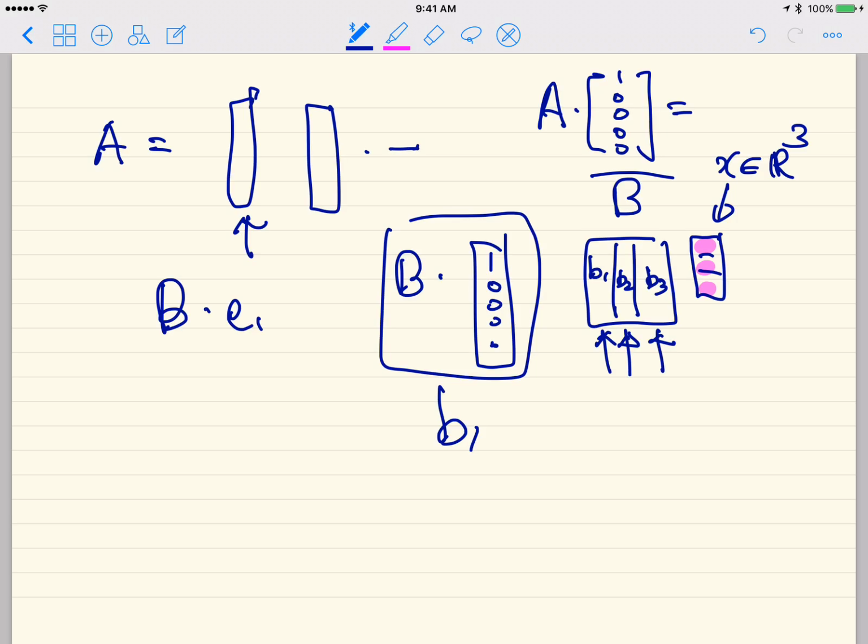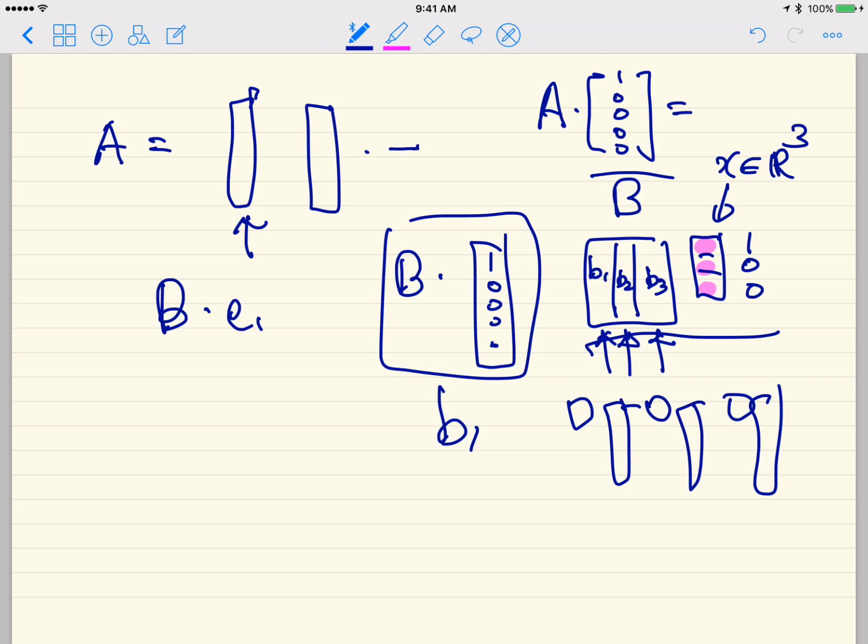And here, suppose our x was 1, 0, 0, which is the unit standard vector. What is the result? It is B1, B2, and B3 with the linear combination coefficients 1, 0, 0, so it's just picking up the first column.